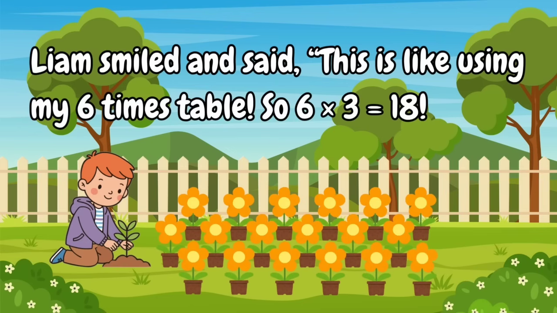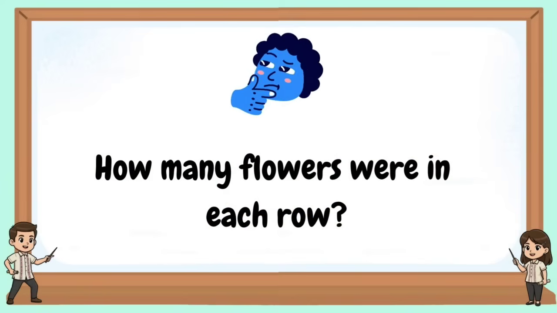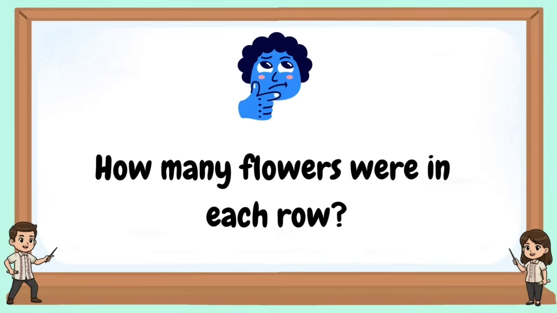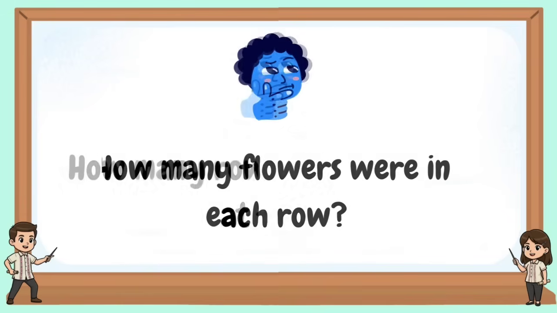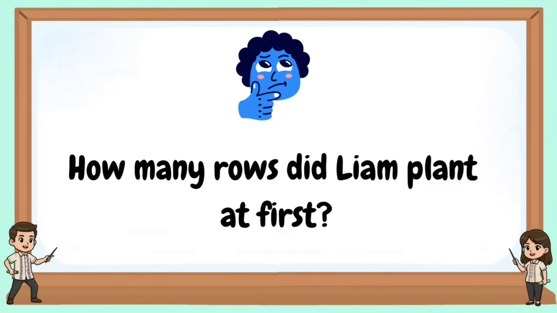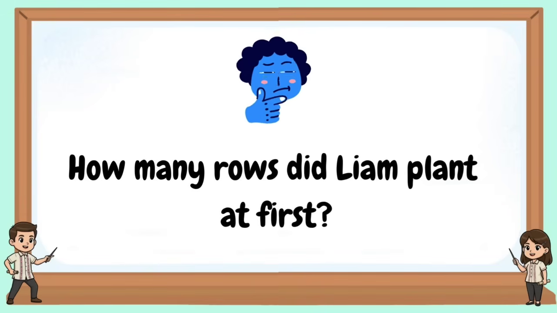Liam smiled and said, "This is like using my 6 times table. So 6 times 3 is equals to 18." How many flowers were in each row? How many rows did Liam plant at first?